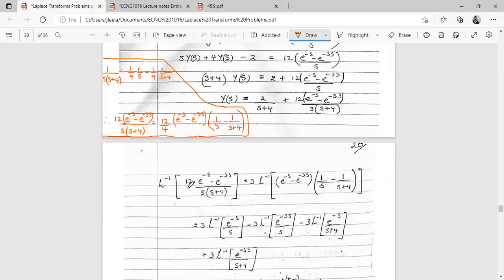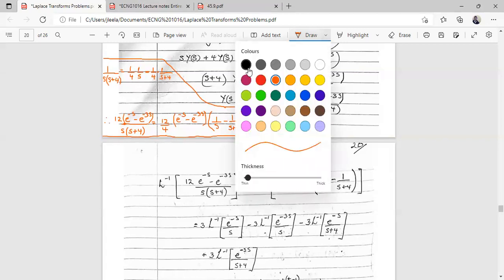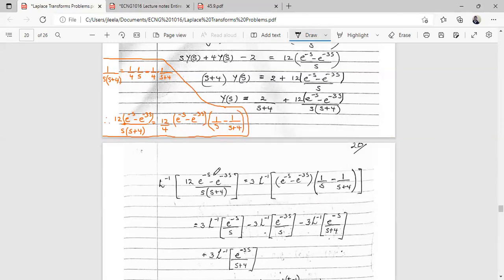So look at the breakdown here, right? So you have 12 into (e to the minus s minus e to the minus 3s) over s into s plus 4, right? So the 12 over 4 I got here on the outside works out to be 3.